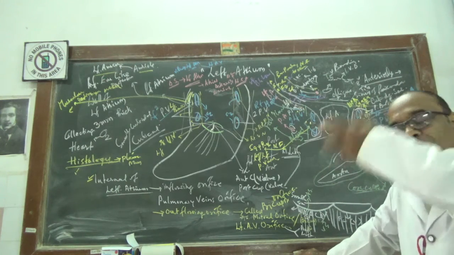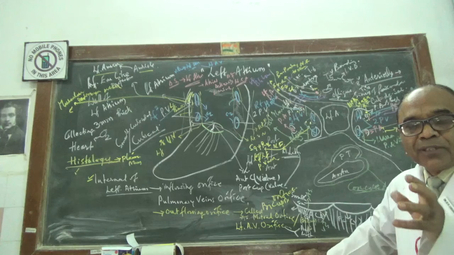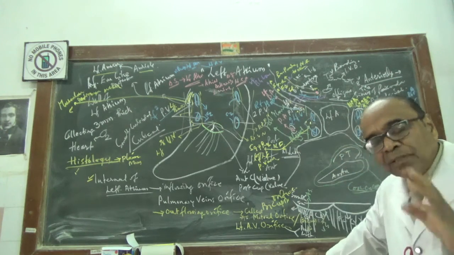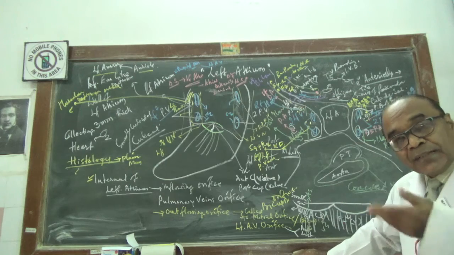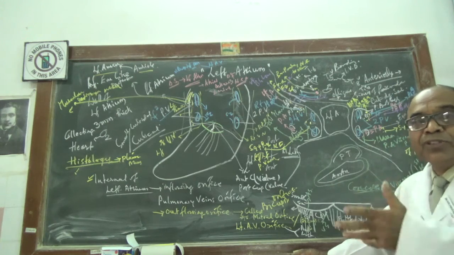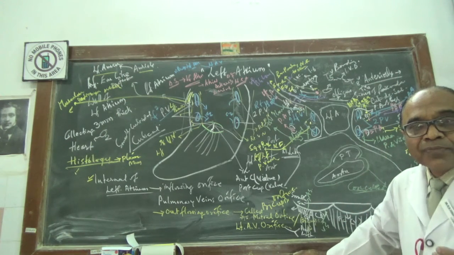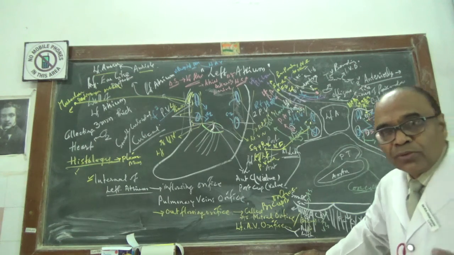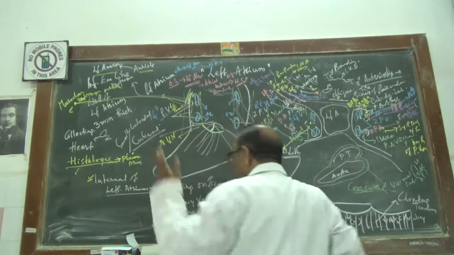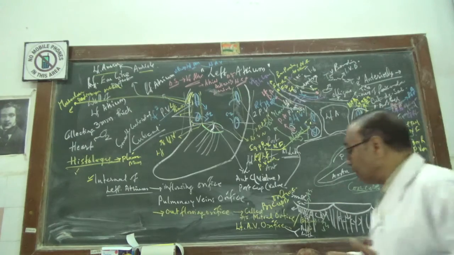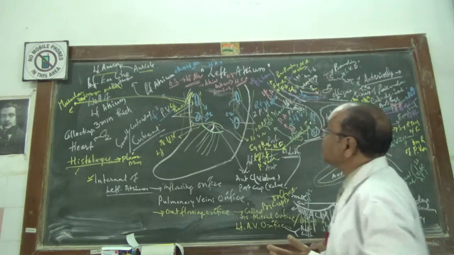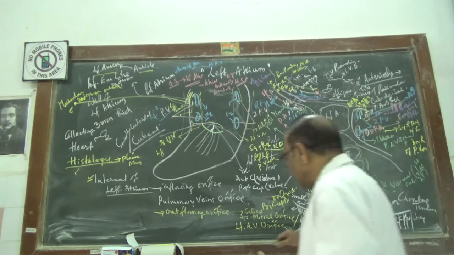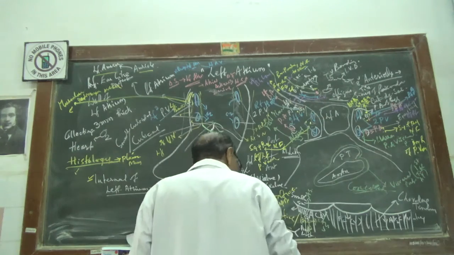Partially it opens via the orifice of the coronary sinus into the right atrium, and partially it opens via the foramina venarum minimarum in the right atrium. So this is the venous drainage. Now what is the lymphatic drainage?